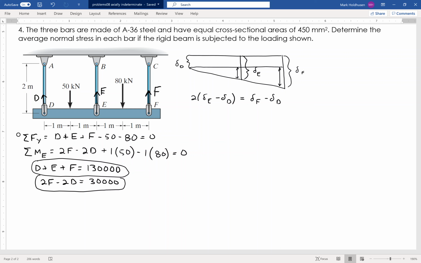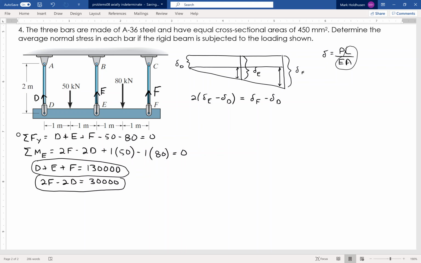The other thing that I know is that delta, of course, is PL over EA. These are all starting at the same length, they're all the same cross-sectional area, and they're all made out of steel. So essentially these are all the same. The only thing that differs with all these deltas is the force going through them.